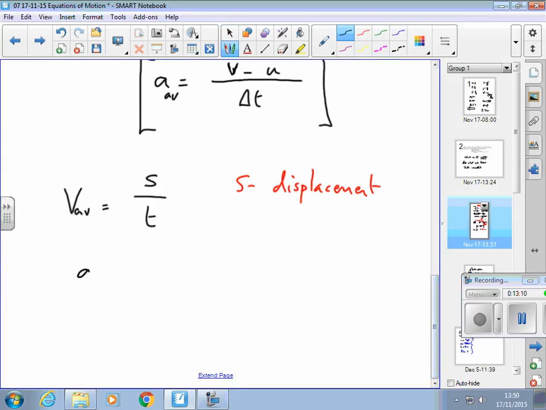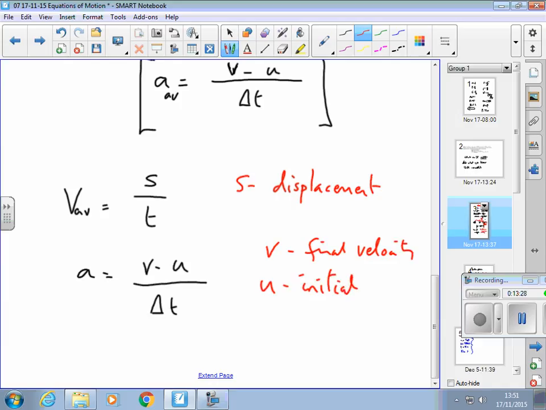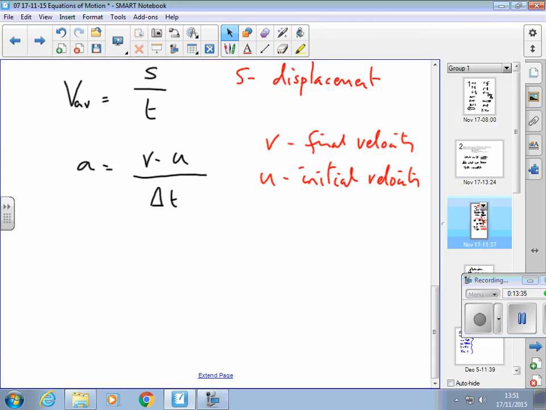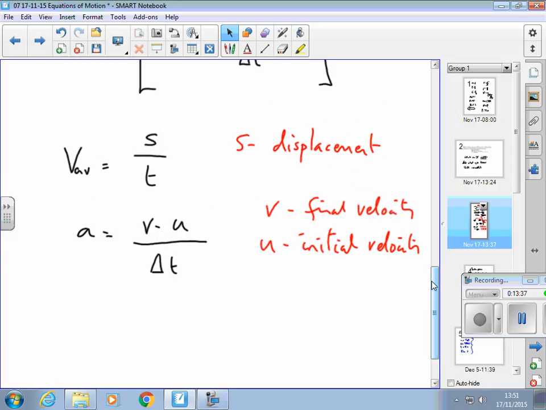Acceleration is V minus U over delta T, where V is the final velocity and U is the initial velocity. If I were considering just the speeds, let's say I started off at 10 kilometers per hour and finished off at 30 kilometers per hour.